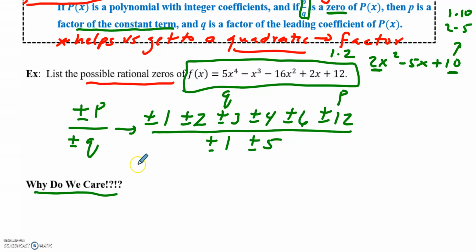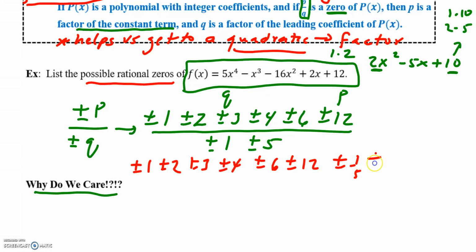So my possibilities would either be plus or minus 1 if I divide these, plus or minus 2, plus or minus 3, plus or minus 4, plus or minus 6, and plus or minus 12 if I divide everything by 1. Then I also have plus or minus 1/5 as an option, plus or minus 2/5 because I'm doing this divided by this, plus or minus 3/5, plus or minus 4/5, plus or minus 6/5, and finally plus or minus 12/5.